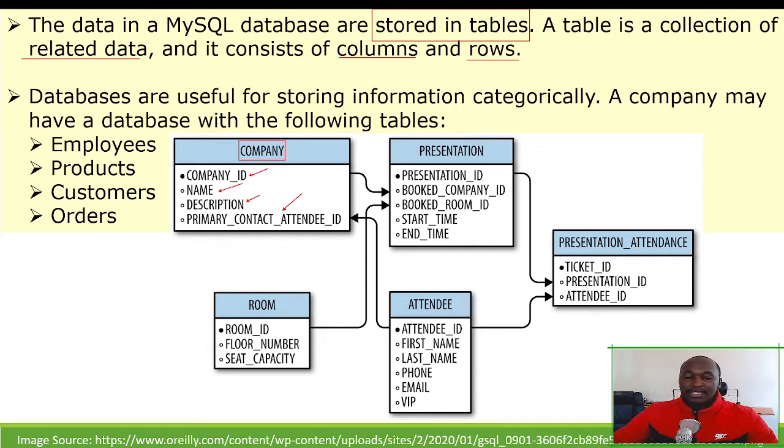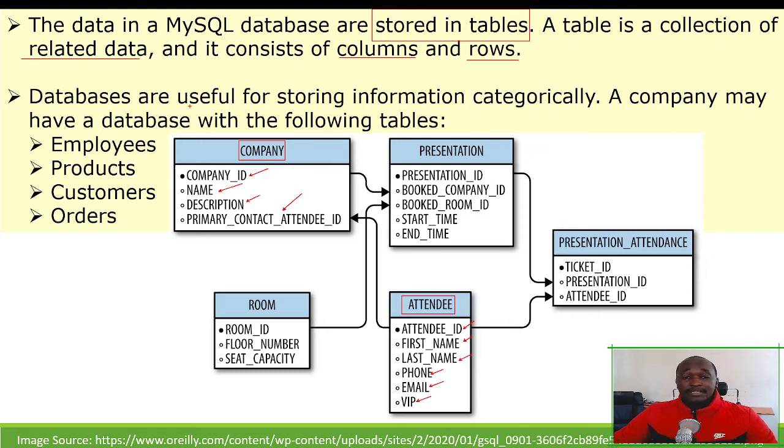And this particular table is, for example, related to other tables like the attendee, for example, who is attending a conference in the company. And that also has some columns like attendee ID, first name, last name, phone, email, and whether the attendee is a VIP or just a normal visitor.